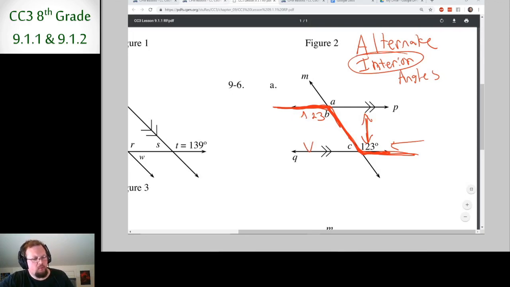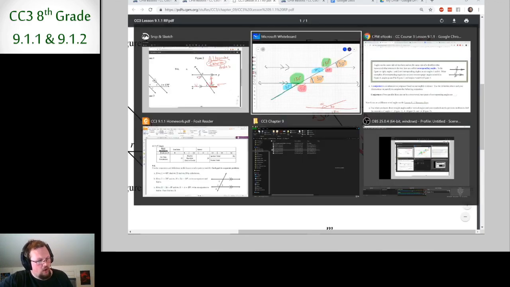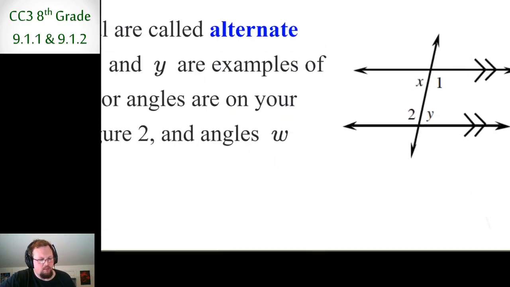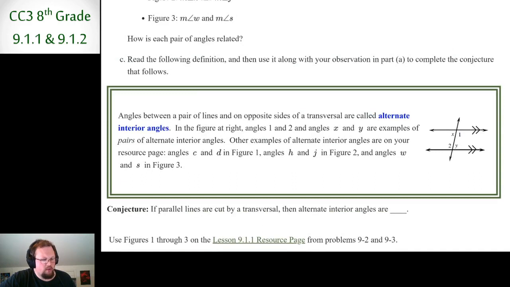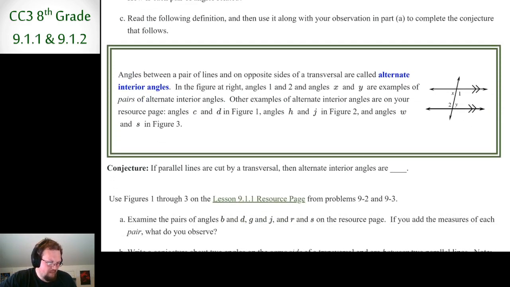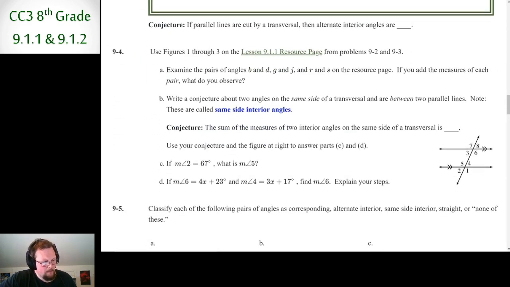So the proper name for these angles are alternate interior angles, which are listed in this example in your book. So in this example, X and Y are alternate interior, and 1 and 2 are alternate interior. And the rule is that alternate interior angles are equal or congruent. I would rather use the word congruent, but they mean the same thing in this case.